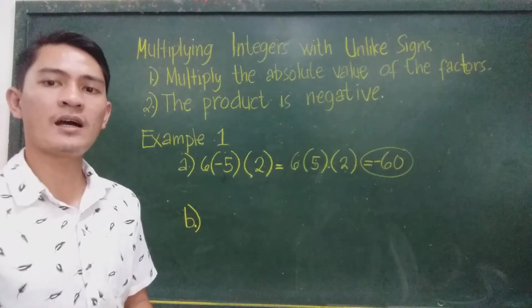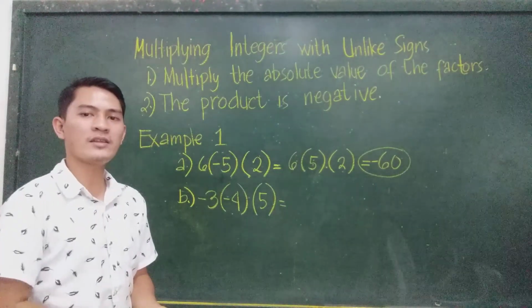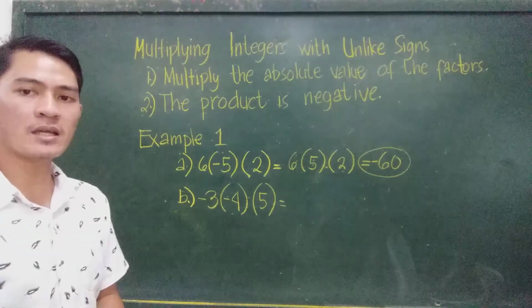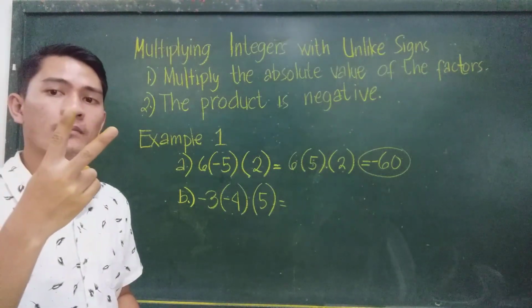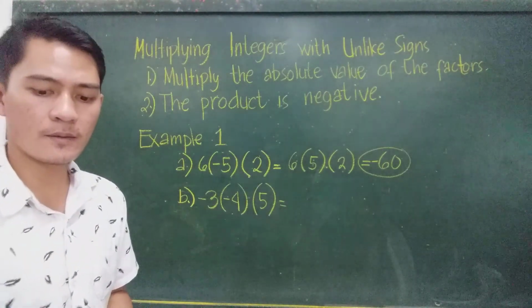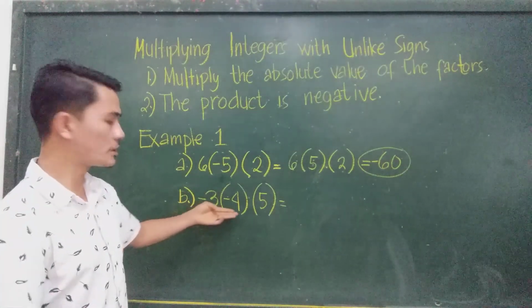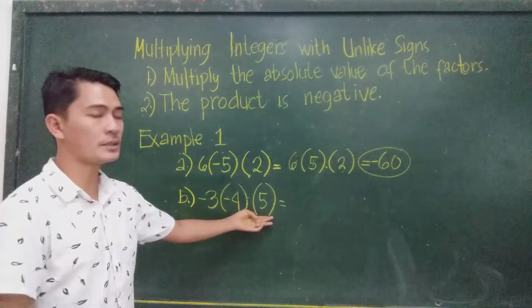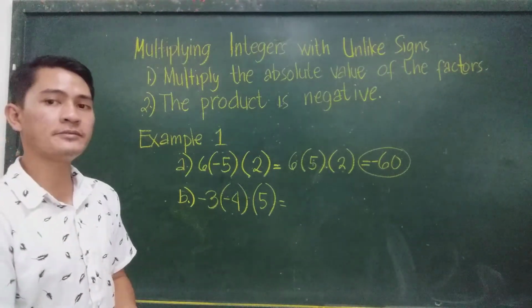Next, I will give you another example, number 2. In example number 1b, the second example, we have two like signs, or two negative signs. Therefore, we have negative 3 multiplied by negative 4 multiplied by negative 5. Multiply first the absolute value of the factors.